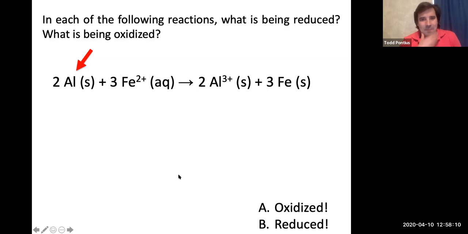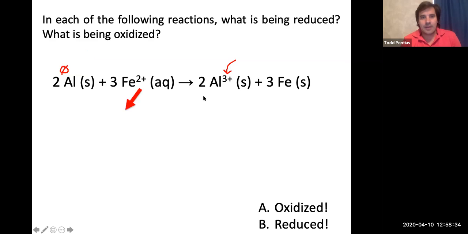For some reason, 5 people picked C and D. Those weren't answers. The answer is indeed A. Good, it's being oxidized. So it's going from 0, because it's a neutral metal here, up to +3. So if its charge goes up, that's oxidation.